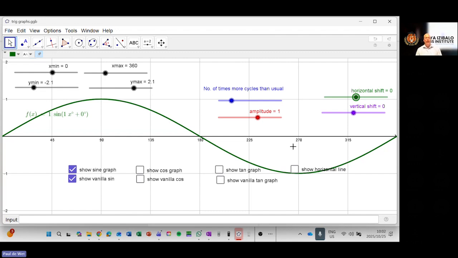Okay, what will happen, guys, if we multiply at the front here by 2? Who can tell me what will happen to the graph if we multiply by 2? So in other words, instead of sine x, we draw 2 sine x. What will be affected and what will happen to the graph?